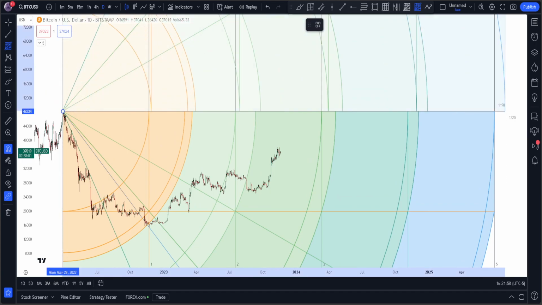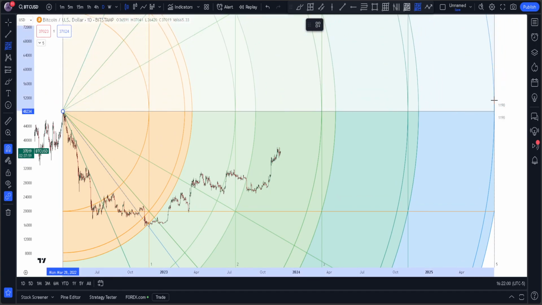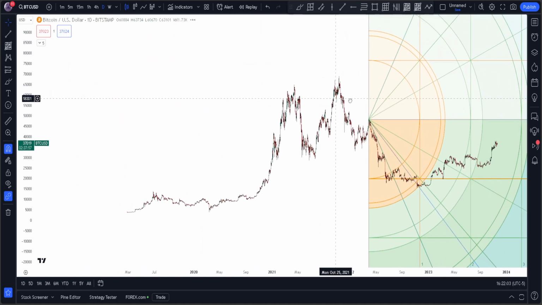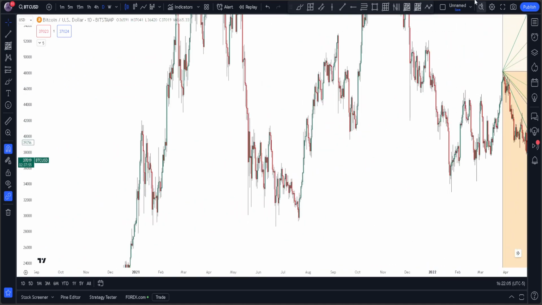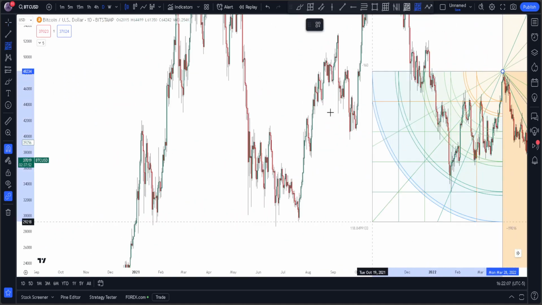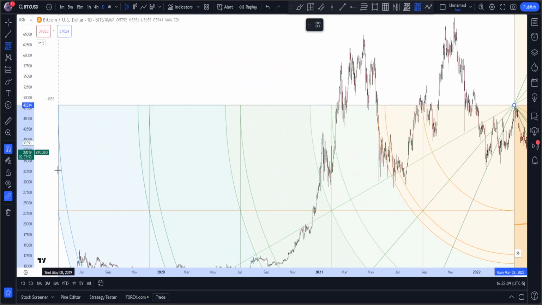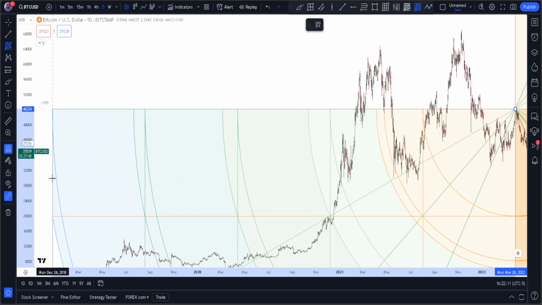It just allows you to project out your entire square if you like, and I'll just show how I go ahead and apply all of my different levels there with the Gann box and everything as well.